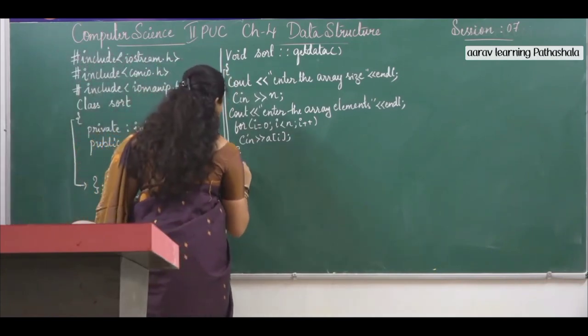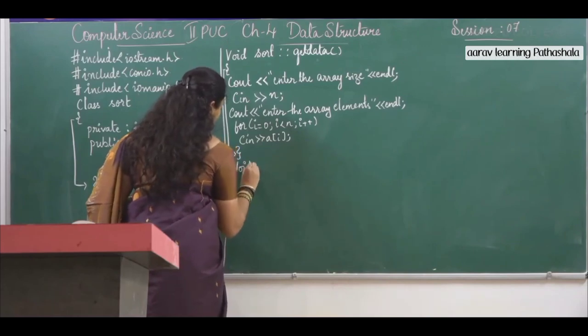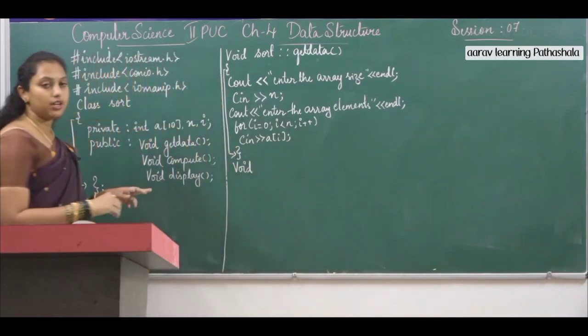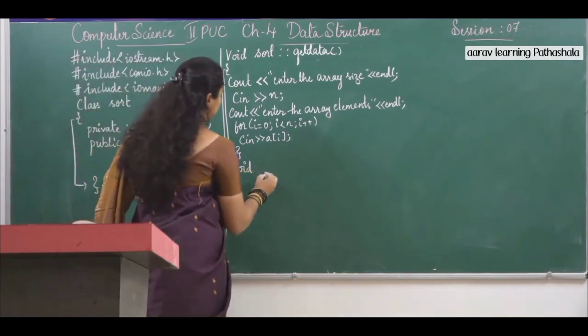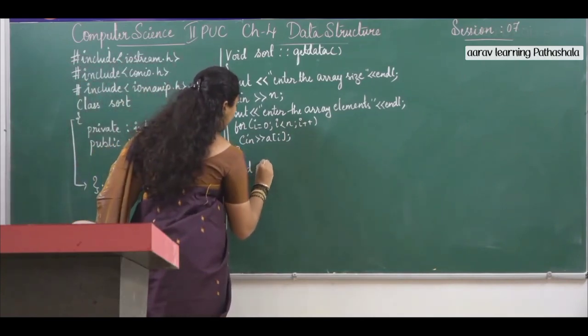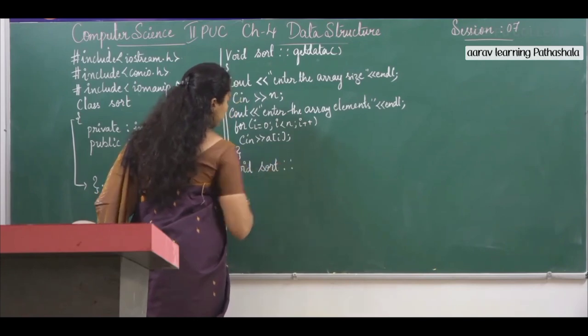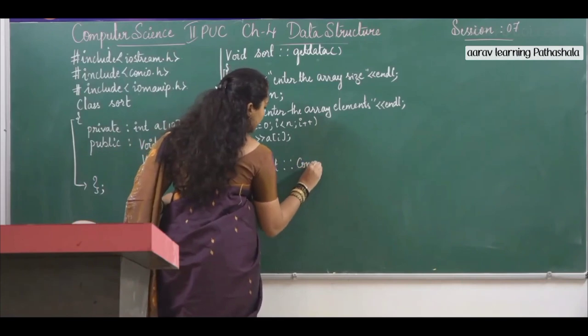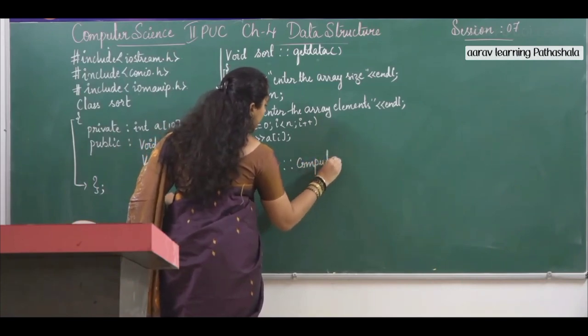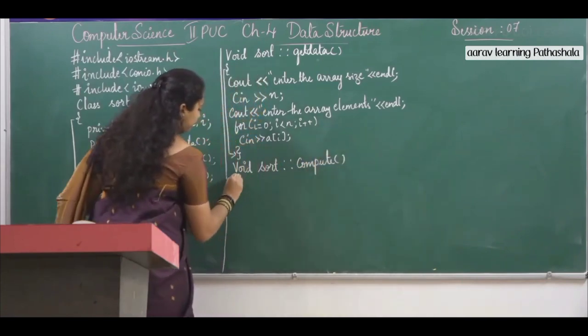Next function is the compute function. So we are defining the function outside the class. First we have to mention the return type followed by the class name, that is sort, then the scope resolution operator, then the function name. The function name is compute.